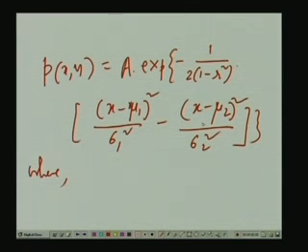So, it should always be non-negative and its integral over the entire xy plane, sorry, this will be y. No, this I made a mistake, sorry.